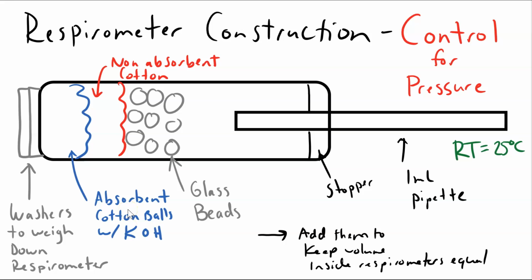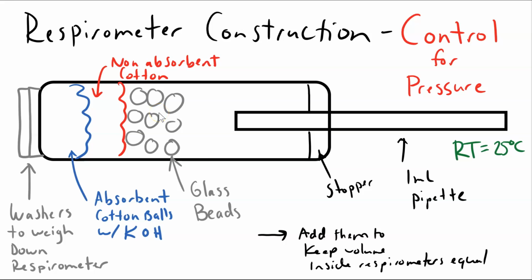For example, you can say 20 drops of potassium hydroxide to this absorbent cotton ball for students. And in front of that, and I'll explain what potassium hydroxide does in a minute, we put a non-absorbent cotton ball that acts as a barrier between the one that has potassium hydroxide and the organism that we're studying.